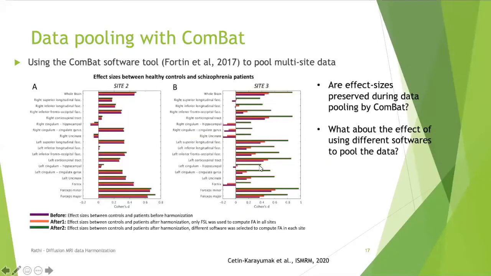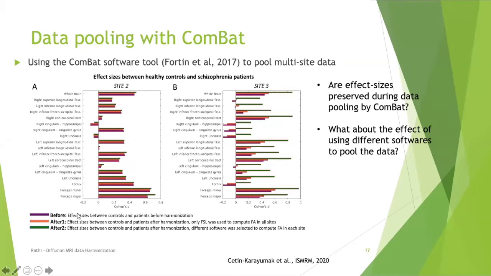Now, we also did something with Combat, which I want to present here, where we try to use Combat for harmonization. Here, what we are plotting in this bar graph is effect sizes between healthy controls and schizophrenia patients.